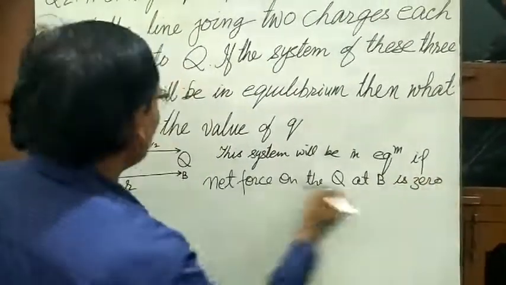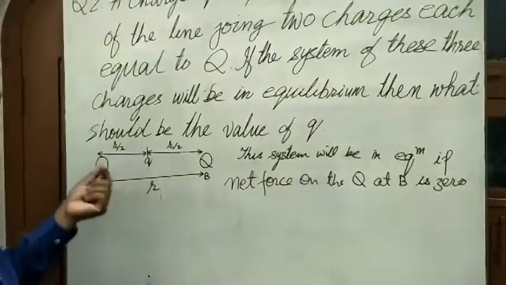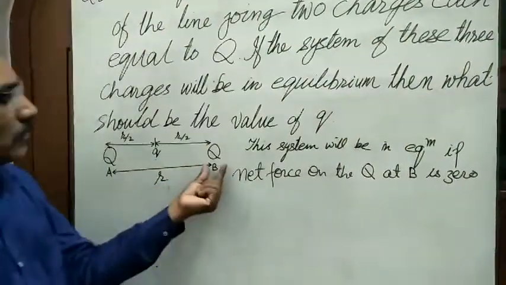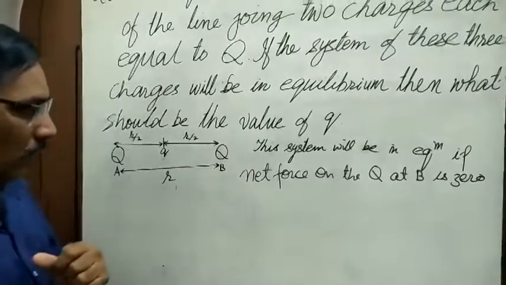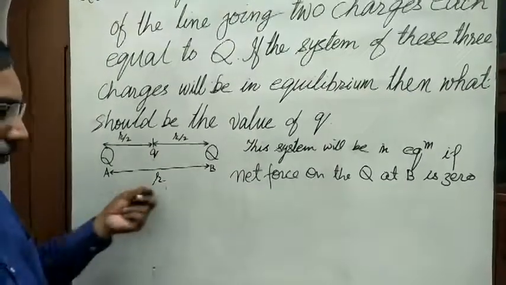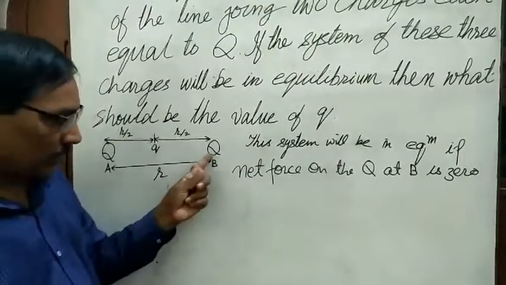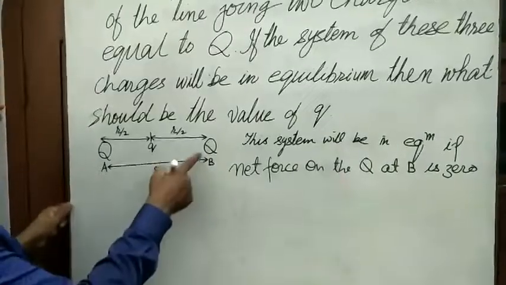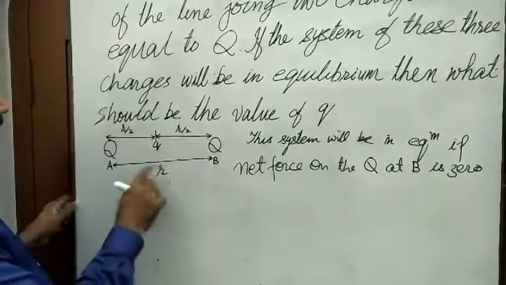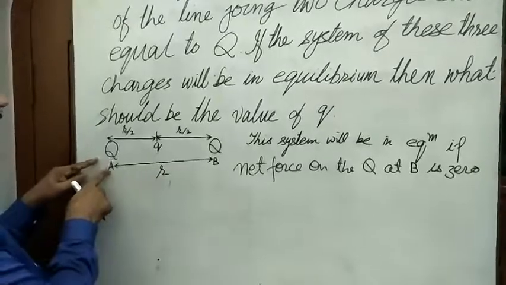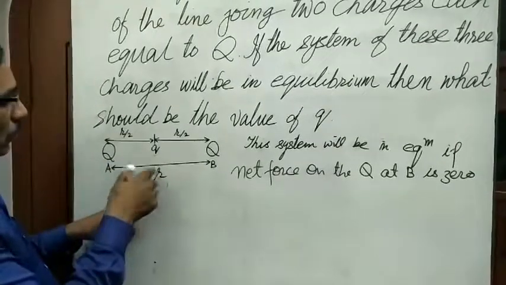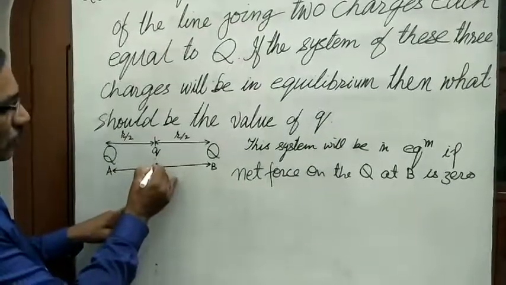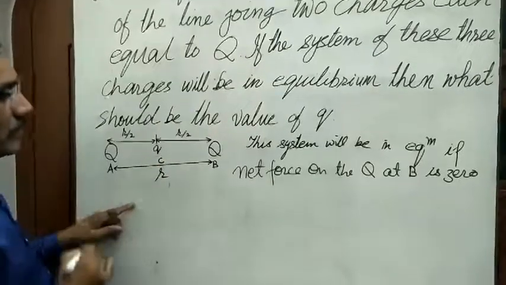You can take any one of these three, this one or this one. I am taking this charge B. Now find the total force acting on Q. Total force acting on Q is the force due to A plus the force due to the charge at C. Suppose this point is C.